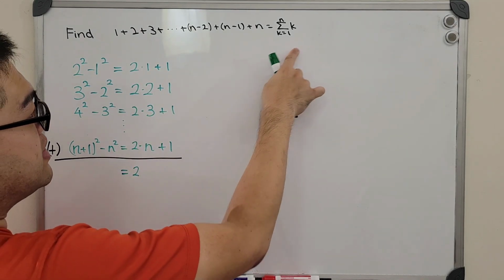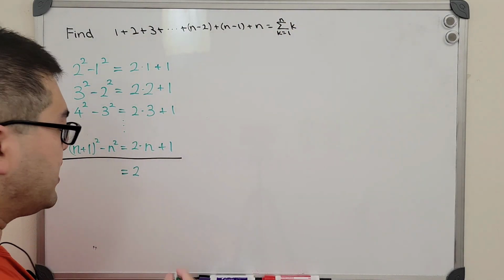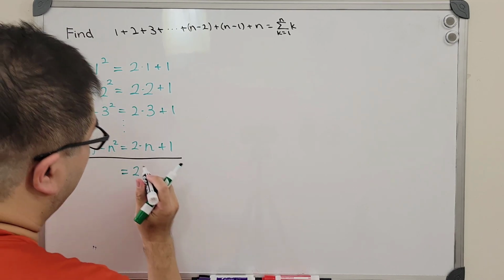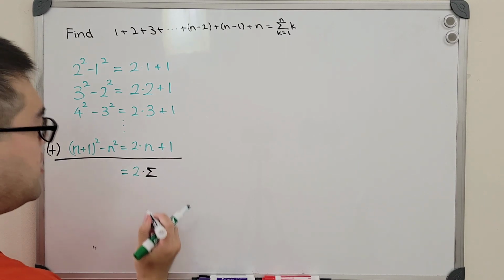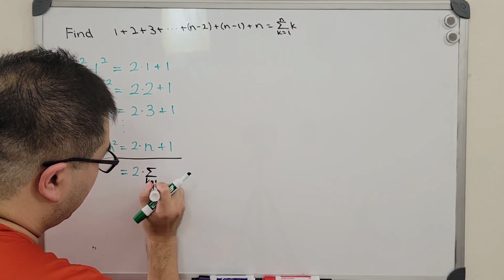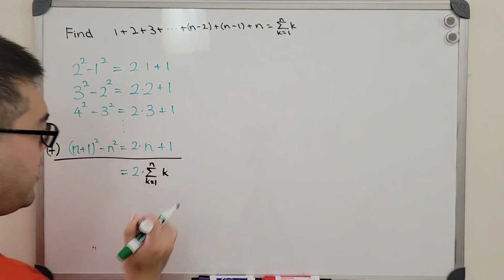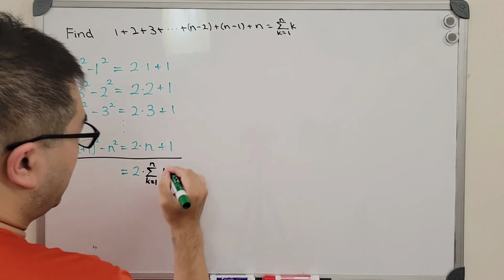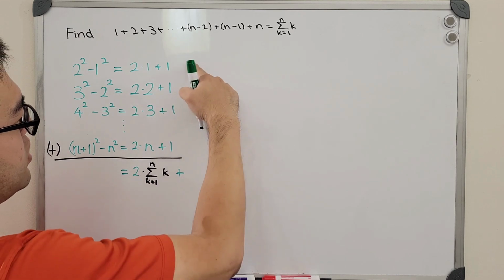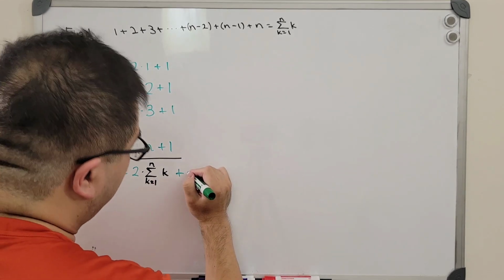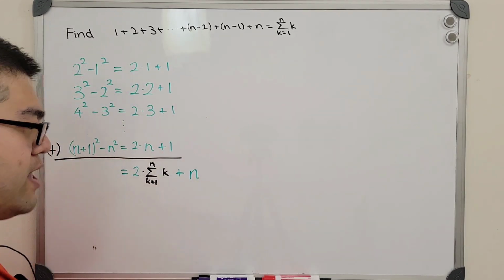In other words, it is exactly what we are trying to find, and we can just write it in the short form, 2 times the sum of k, where k starts from 1 all the way up to n. Then we also have plus n copies of 1s. Again, there are n equations in total. So in other words, we'll just have plus n here.